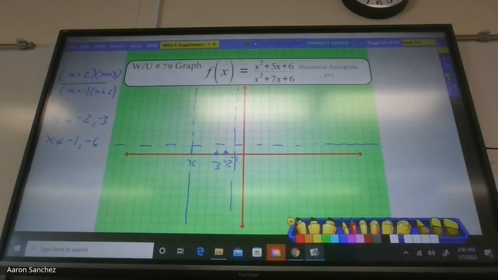So test the limits. Oh, you can do it right on here. You want to figure out where the positive and negative are, right? That's the limits. So you plug in -7 into that: 4 negatives make a positive, 3 negatives make a negative, 2 negatives make a positive.